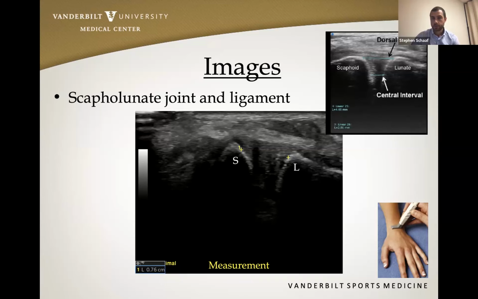So anytime that you're getting over 6 millimeters, that's generally going to be indicative of abnormal pathology, and more than likely some type of tear that's occurring. But I do think it's always important to compare side to side as well. And if you're doing that, generally a 1 millimeter difference is also going to be indicative of pathology. And so once again, we see the measurement here.